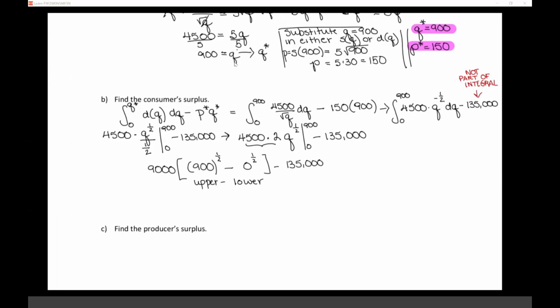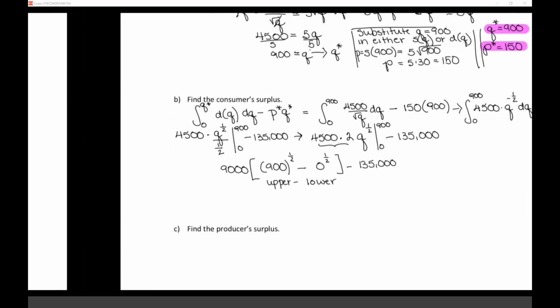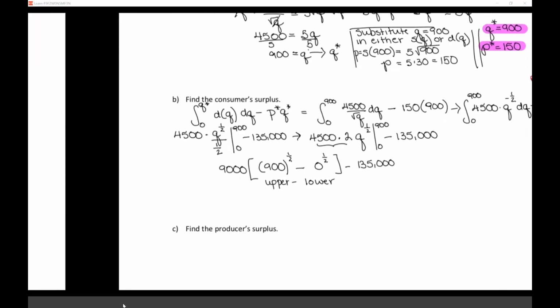Basically this is just a square root: square root of 900 minus square root of 0. I know this is 0. Now I'm to the point where I can do this on a calculator. This is the part that you use a calculator for.